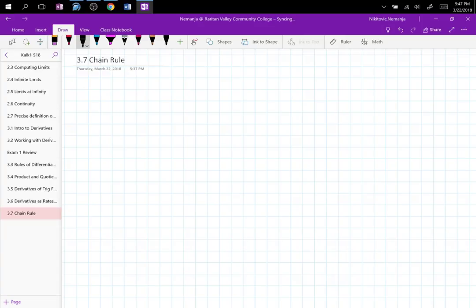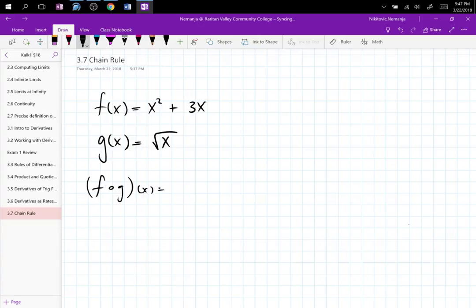So you are familiar with the fact that if you have, let's say, f of x equal x squared plus 3x, and you have g to be, let's say, square root of x, you can make function composition as f composed with g of x, which means that you will plug a g into f, and you will get square root of x squared plus 3 square root of x, which is x plus 3 root x.